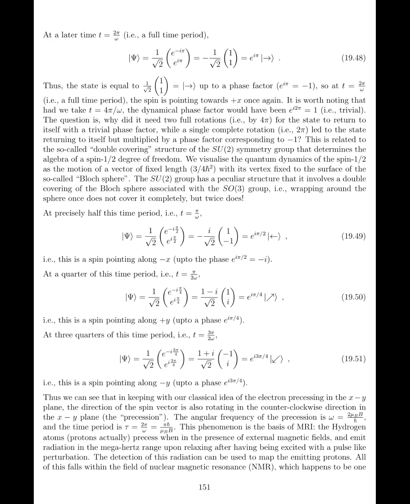After 1 period, I came back to a state that pointed that way, but it has this funny minus sign associated. And if I do this one more time, it's again pointing along that direction, but that minus has become plus. Which means that after 2 rotations, you came back to identically the same state you started with. After 1, you came back to something that was very close, but not quite. It had that minus sign.